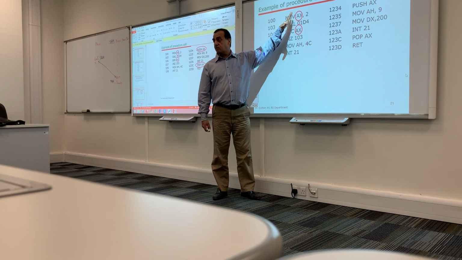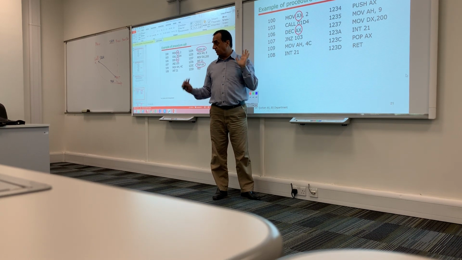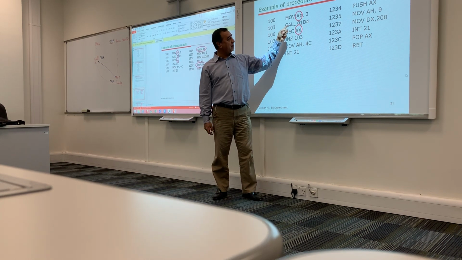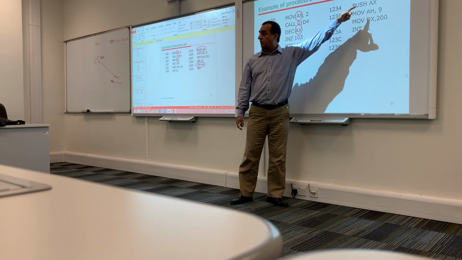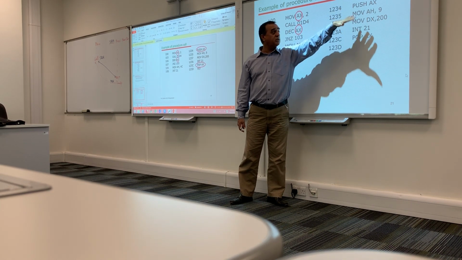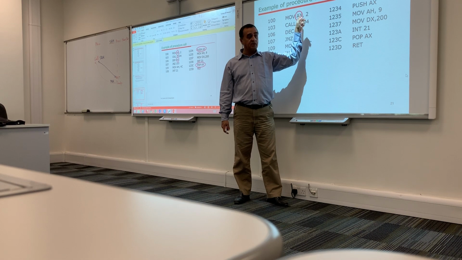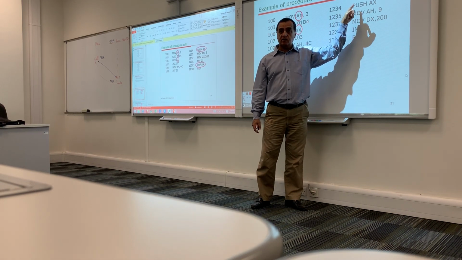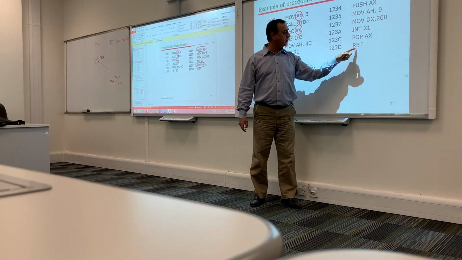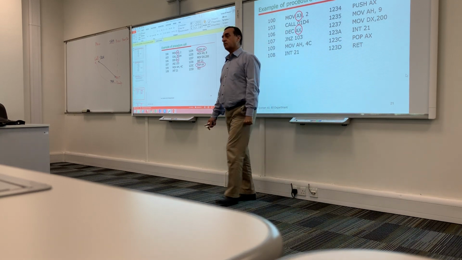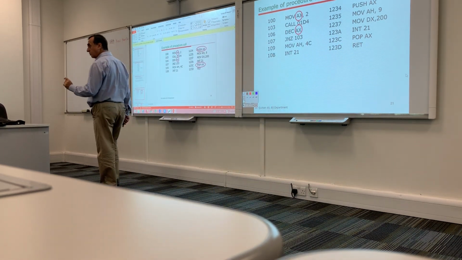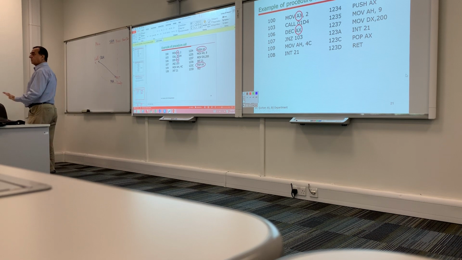So this means AX is important for me, correct? Now, if I call and go there, can I use AX? If I use AX, I will lose this value. That's why you see the first one is push AX and before return, pop AX. So this is a good practice. Save the registers.